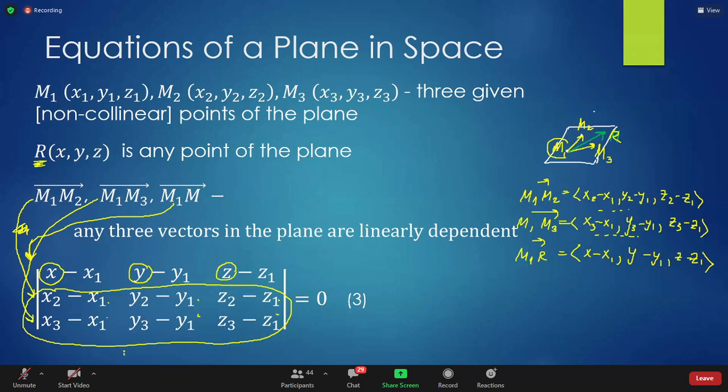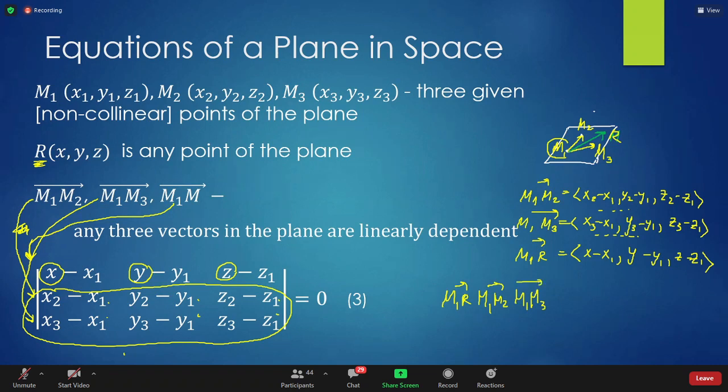So it will work as the normal vector if I find the vector product. And then I can complete the mixed product, which will give us the equation of this plane. So the equation of the plane is evidently the mixed product of these 3 vectors, m1r, m1m2, m1m3.